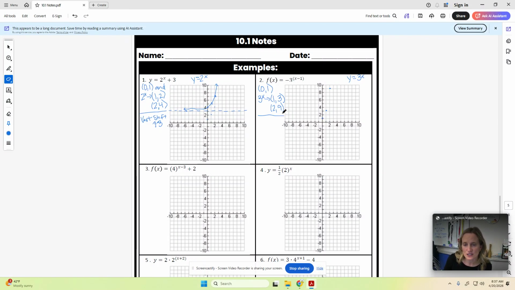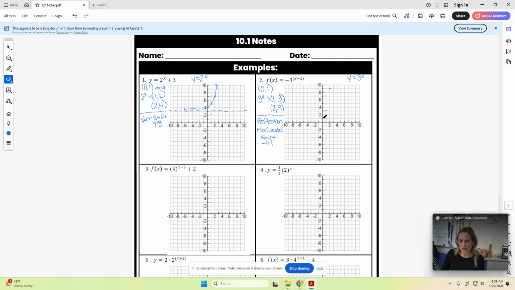The transformations to this graph are a reflection and a horizontal shift in the positive 1 direction, so I'm moving it 1 that way. All of my points are getting reflected down. I'm going to show that first because technically we're still following the order of operations, so multiplication before addition and subtraction. That reflection is basically multiplying this graph by -1.